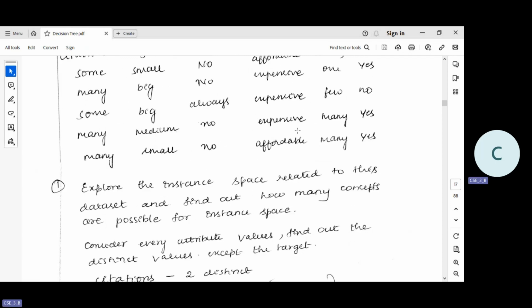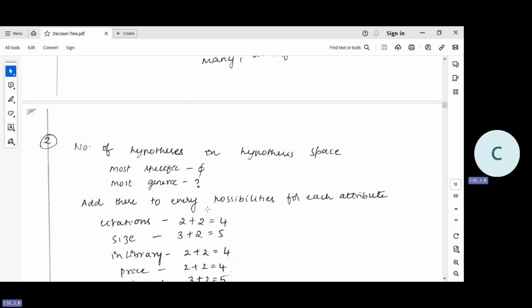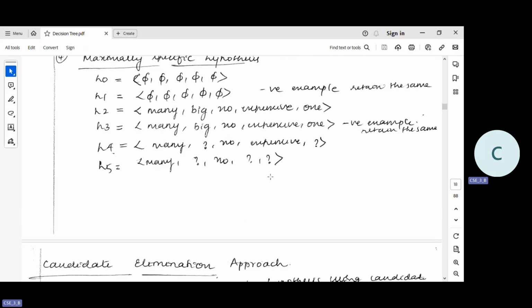In this case we had written expensive, and now here it is affordable. To make it general, we replace this by the question mark, and we have already replaced this one as a question mark, since question mark represents any attribute value.